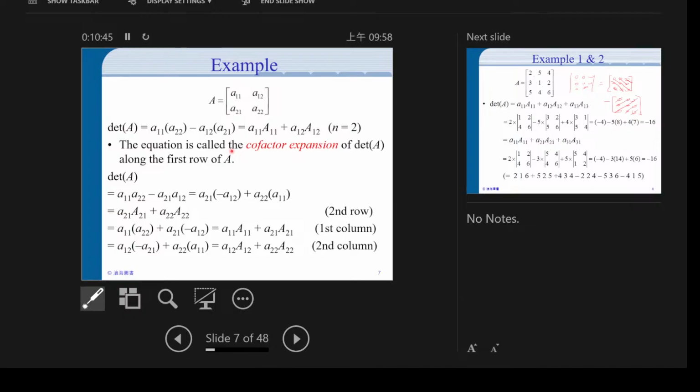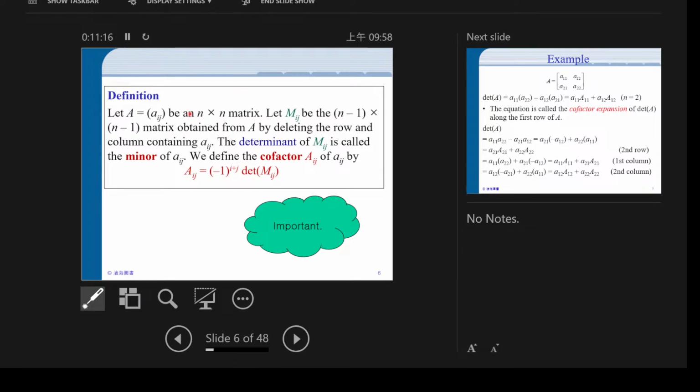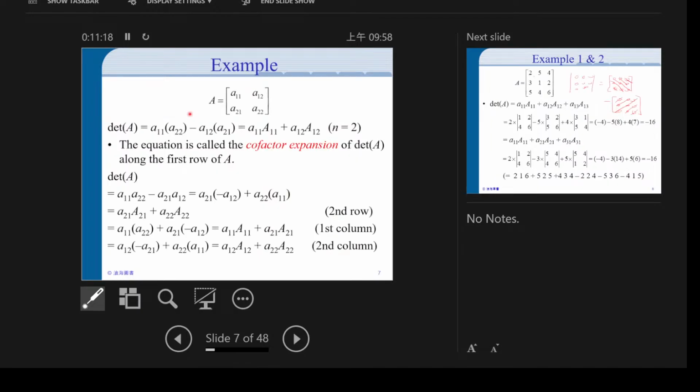Okay, and then we see how this can be treated as this cofactor expansion of the determinant of A on the first row. So we have A11, and we want to multiply it by A22, which is the cofactor of A11. Let's write this here.